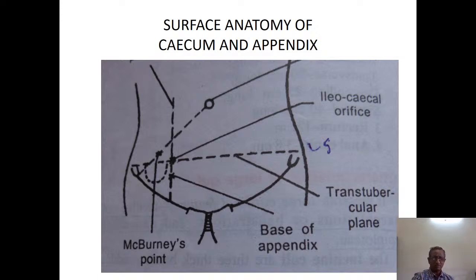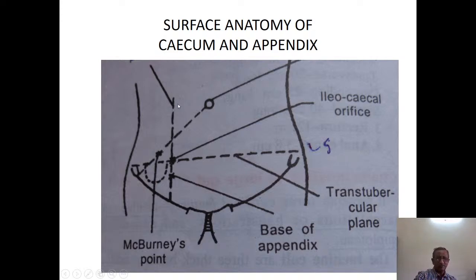First we will show the surface anatomy of the cecum. This part is the blind sac, which is wider than its length. It is seen below the transtubercular plane, that is, the line joining the iliac tubercles on either side. This is at the level of L5.